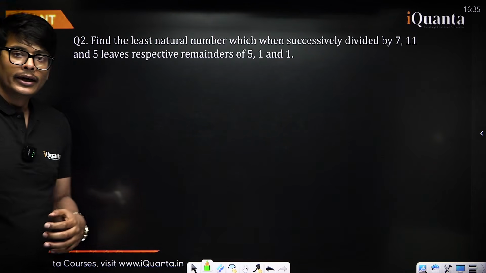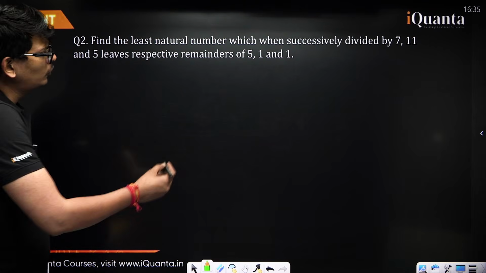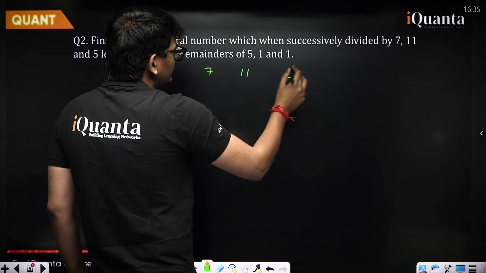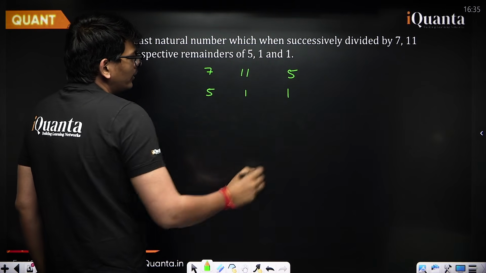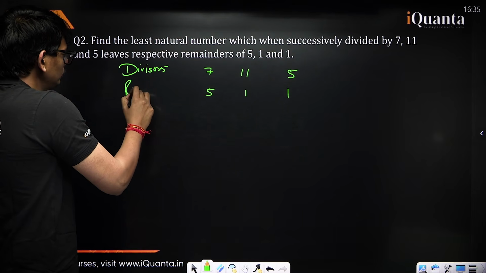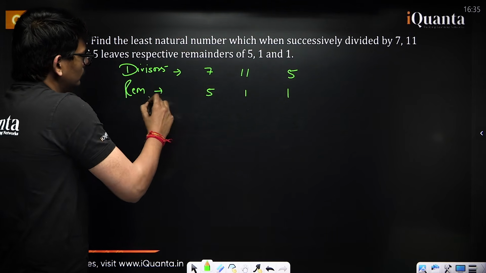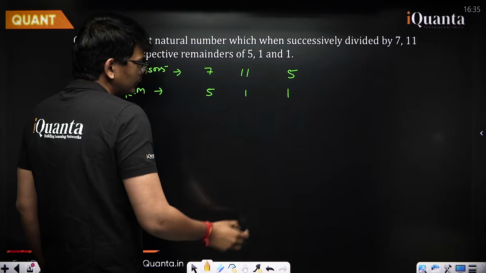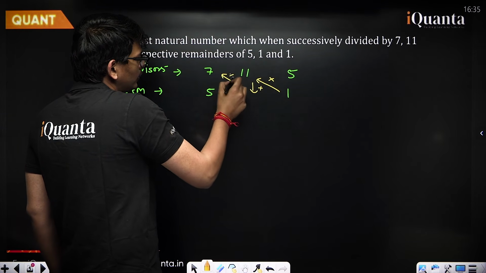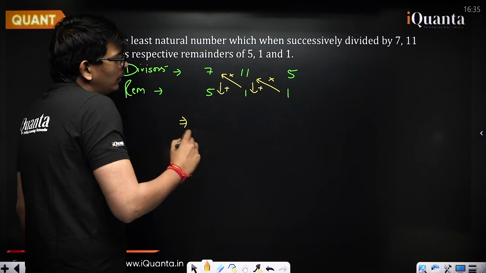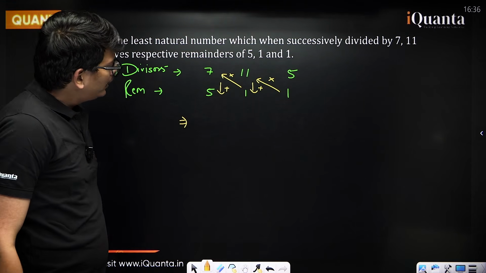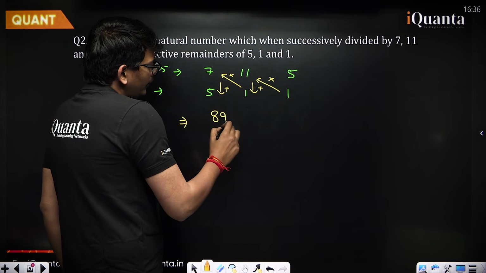Now, let's apply it in the next question. Here also we have to find out the smallest number. These are my divisors, these are my remainders. Okay guys, this is multiplied, this is plus, multiplied, plus. 11 into 1 is 11, plus 1, 12, 12 into 7, 84, 84 plus 5, 89.